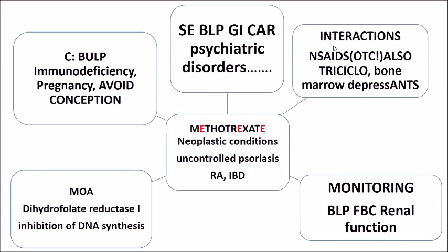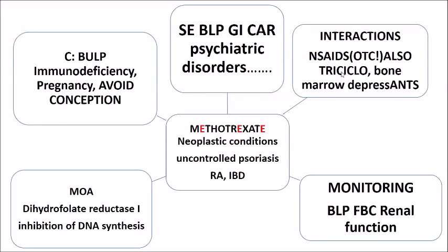Also, the most important interaction is with NSAIDs. Basically, people who take methotrexate should not buy over-the-counter medicines like ibuprofen or naproxen. Also, they should not take trimethoprim, which also blocks folate, causing agranulocytosis and the risk of infections.